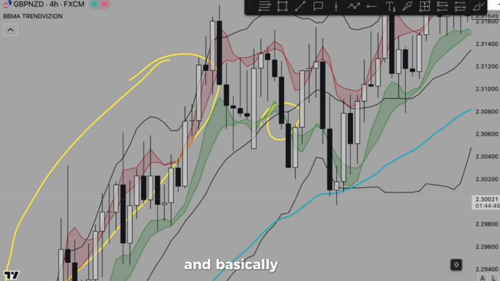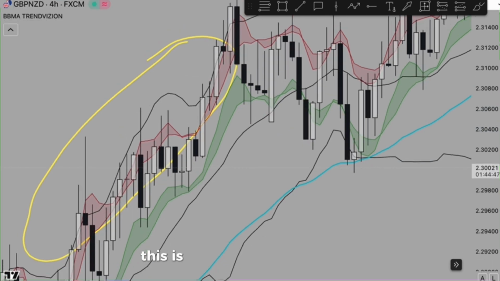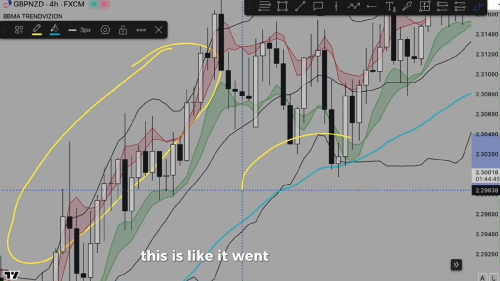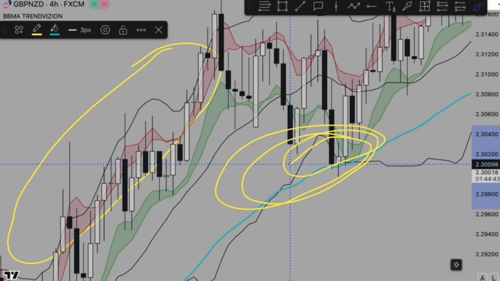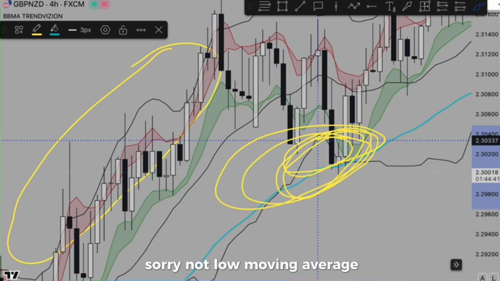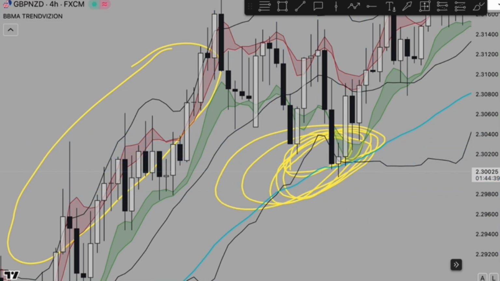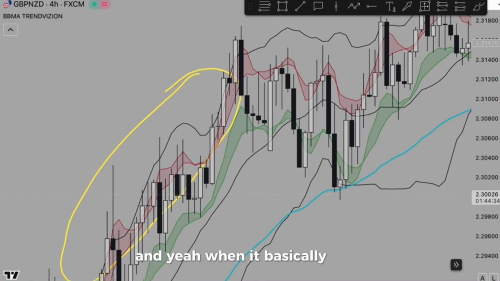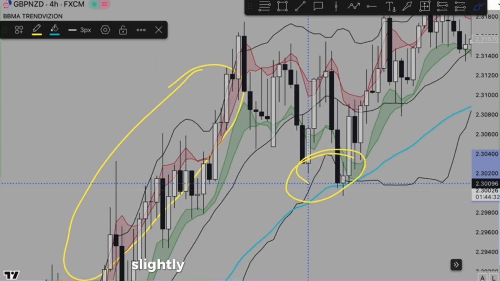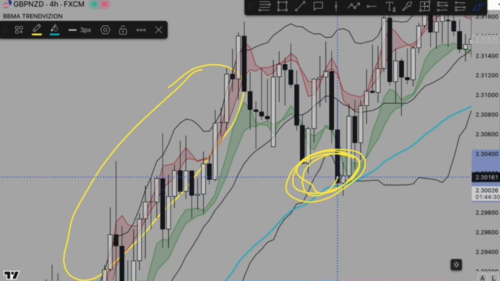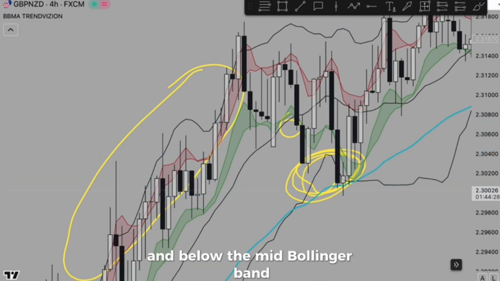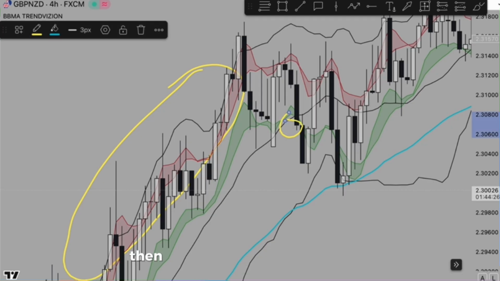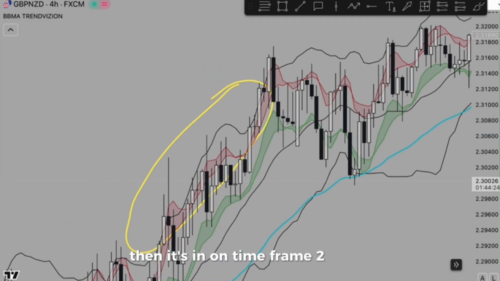Basically, it went to the low Bollinger Band, not the low moving average, and when it goes only slightly to the low Bollinger Band and below the mid Bollinger Band, then it's on time frame 2 of a re-entry.